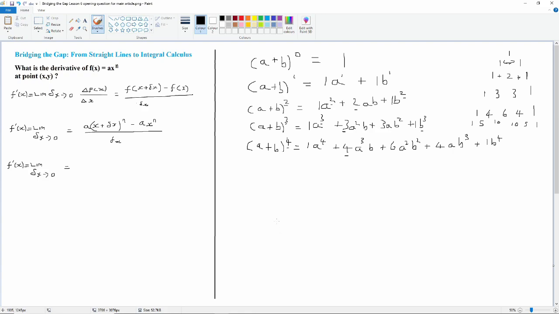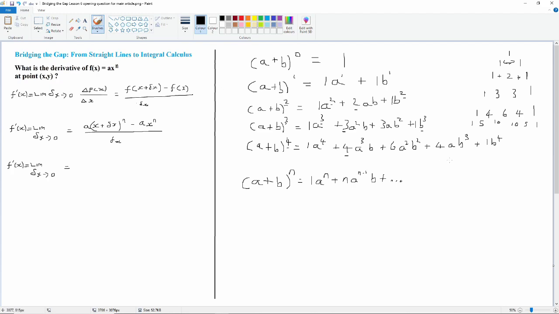So if we extend this to (a + b) to the power n, what we will get is equal to 1 times a to the power n plus, and this is the index, so the index is n, so this is n times a to the power n minus 1 times b plus a whole lot of stuff that we won't even look at.